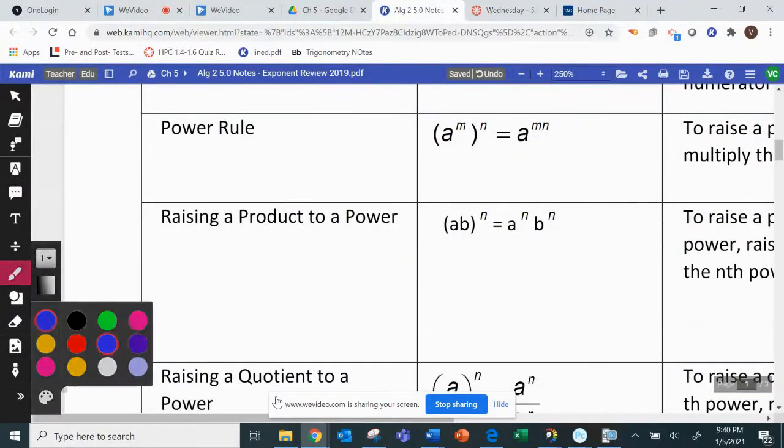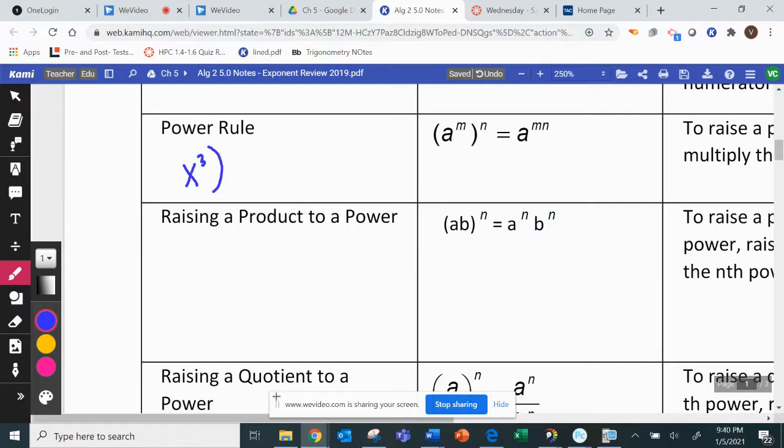Next is power rule. Power rule is where you have a power, like a base with an exponent, x to the third, and then we raise it to another power. So x to the third squared is the same thing as x to the third multiplied by x to the third.